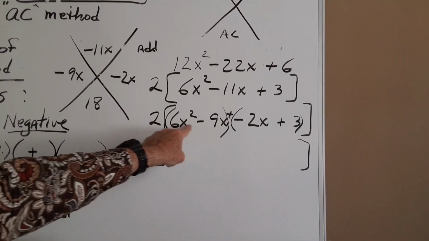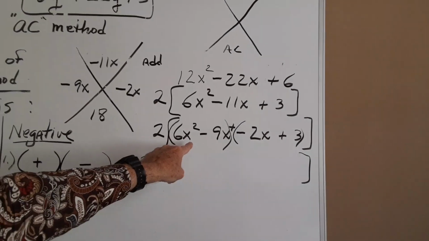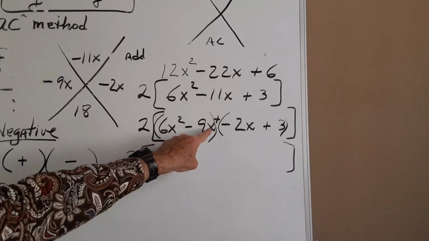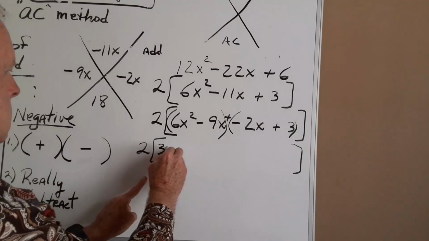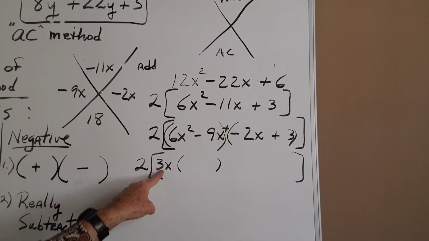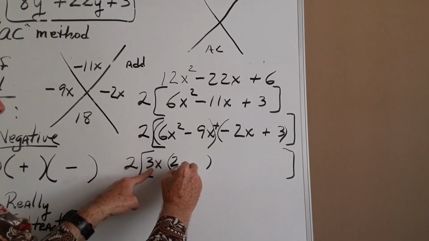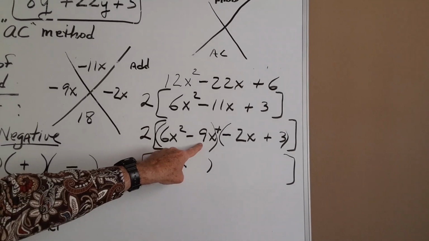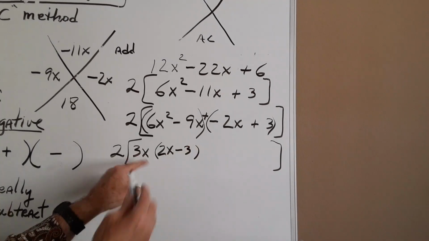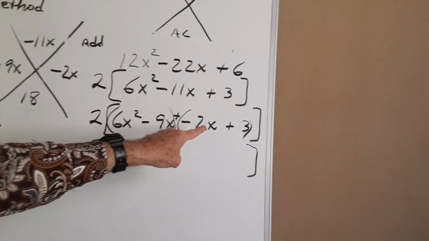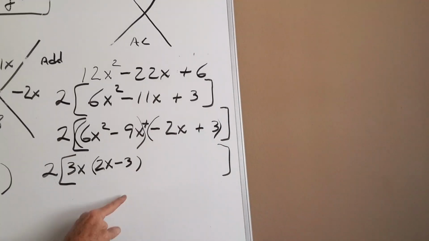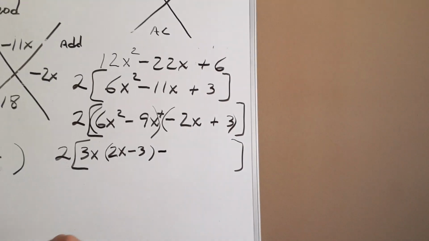Let's pull the GCF out of this first house. 6 and 9, they both have a 3, along with an x. 6x squared divided by 3x. Negative 9x divided by a positive 3x. Over here, a little interesting character. He begins with a negative, so we have to pull out a negative.